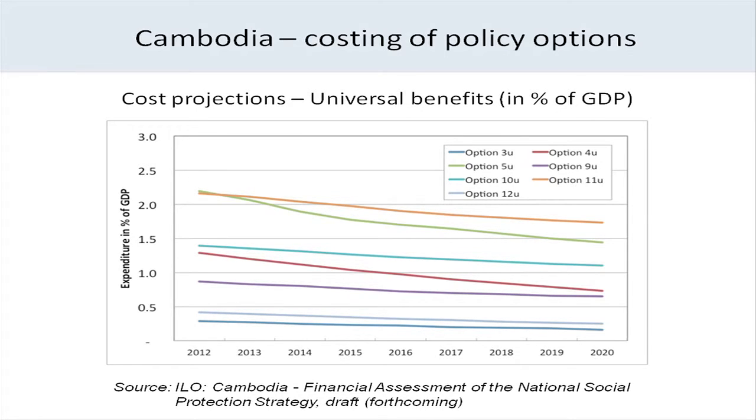That's 11U, the universal age pension at age 60 plus. In blue, 10U, age 65 plus, universal pension, and 9U is universal pension at age 70 or over.